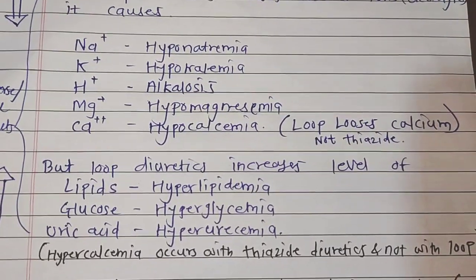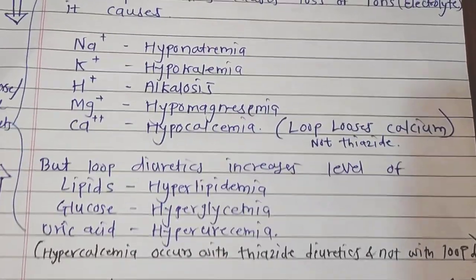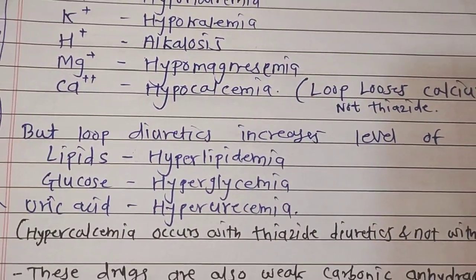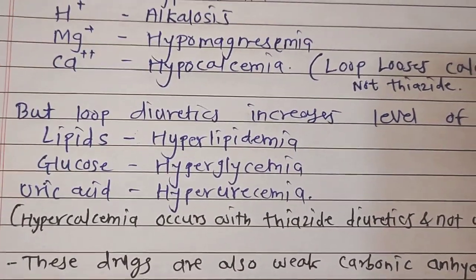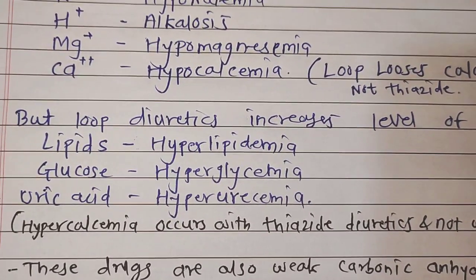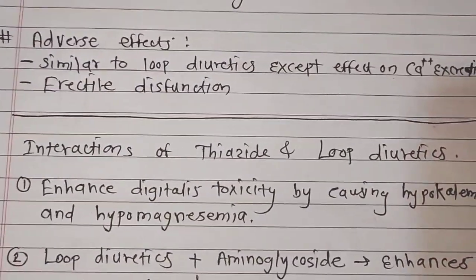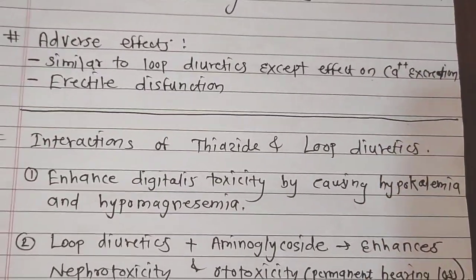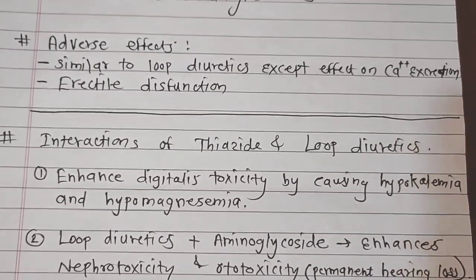That is one thing we have to remember about the difference between loop and thiazide diuretics. Then again there is also an increase in the level of lipid, glucose and uric acid as well as calcium in the blood, which cause hyperlipidemia, hyperglycemia, hyperuricemia and hypercalcemia. So these are some of the side effects associated with the thiazides. Apart from that, there is one important side effect, that is erectile dysfunction.